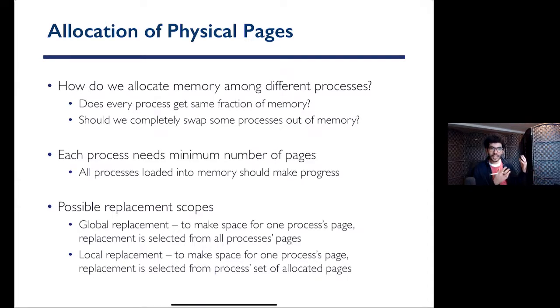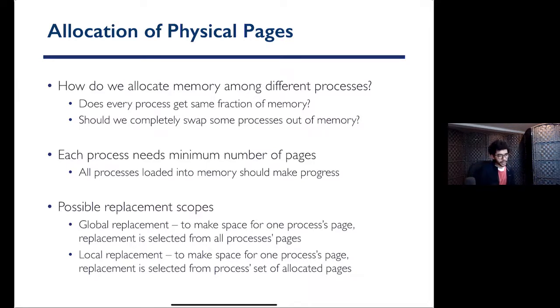You have to also enforce the replacement policy to pick the victims among the pages for the same process. Otherwise, you could start with everybody getting equal allocation, but then one of the processes is aggressive, it goes and takes away memory space from other processes and it slows them down. So it's not just important to give them a minimum when they start; whatever you're giving them, you also have to enforce that in your replacement policy.